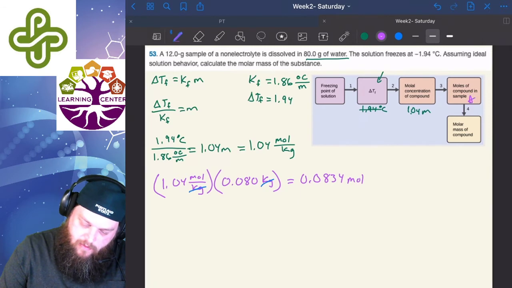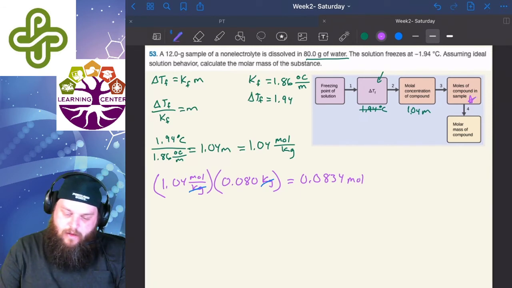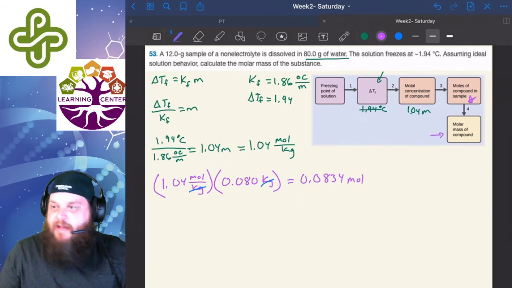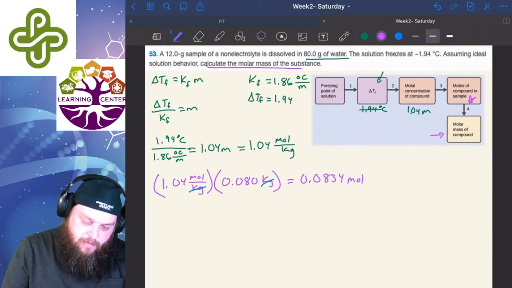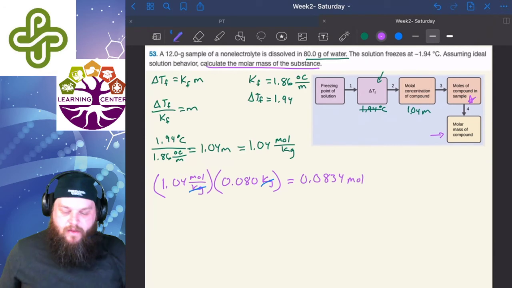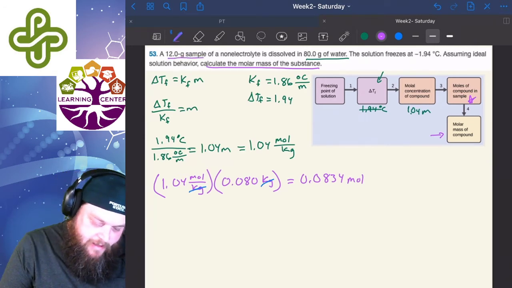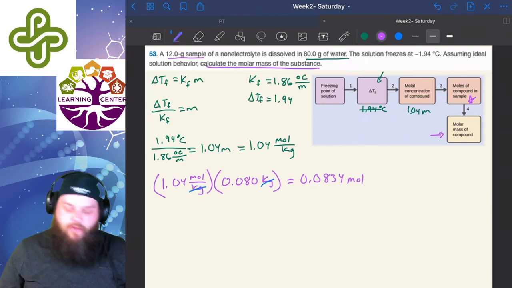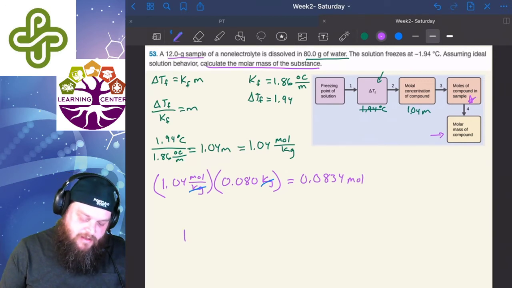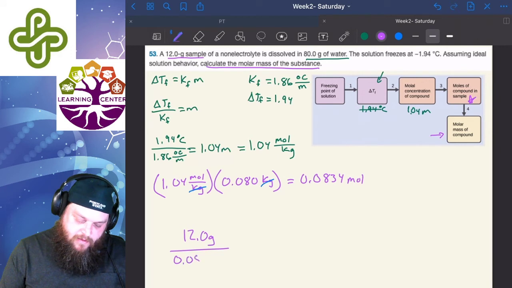Now we have the moles of our sample. We need to determine the molar mass of the compound, which is what this is asking us to do. Now that we have moles, we can use the amount that they had. The sample they gave us to begin with was 12.0 grams. Since molar mass is a grams per mole situation, we take 12.0 grams and divide by 0.0834 mole.